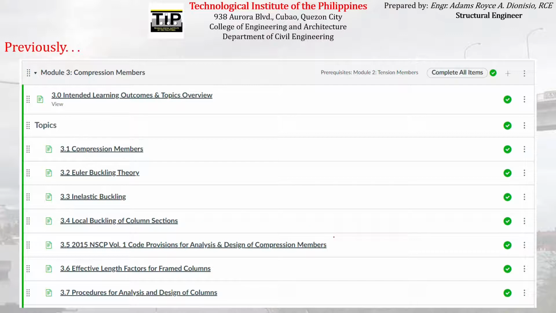We familiarized ourselves with the different code provisions for the analysis and design of compression members, as well as how to compute for the effective length factors for frame columns. And lastly, we have discussed the different procedures for the analysis and design of columns or compression members in general.